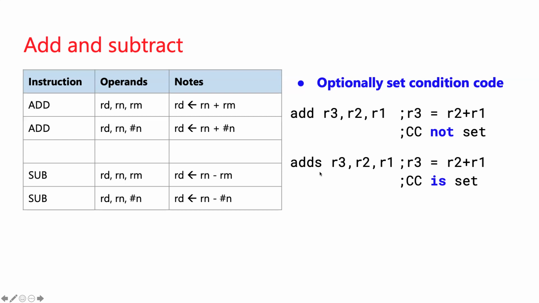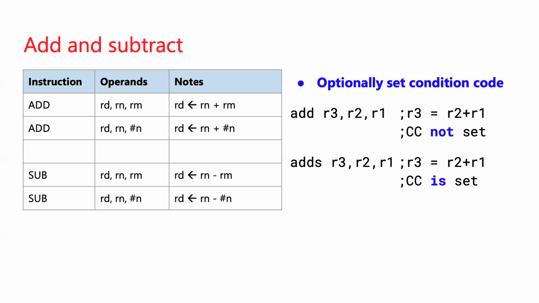If you leave off that S, then the condition codes are not modified by this instruction. So this makes it easier to do an operation, get the condition codes the way you need, and then do some more operations before you're done looking at the condition codes. So you get to decide whether or not, say, a math operation overwrites what's in the condition codes.